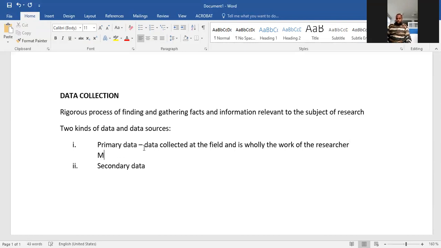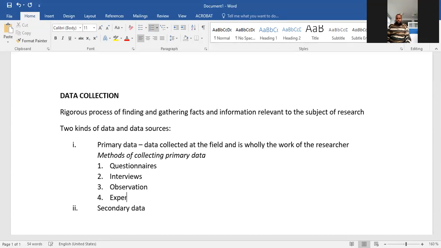So we can now discuss methods of collecting primary data. So we have use of questionnaires, interviews, observation, experimentation, field survey. So those are the methods of collecting primary data.